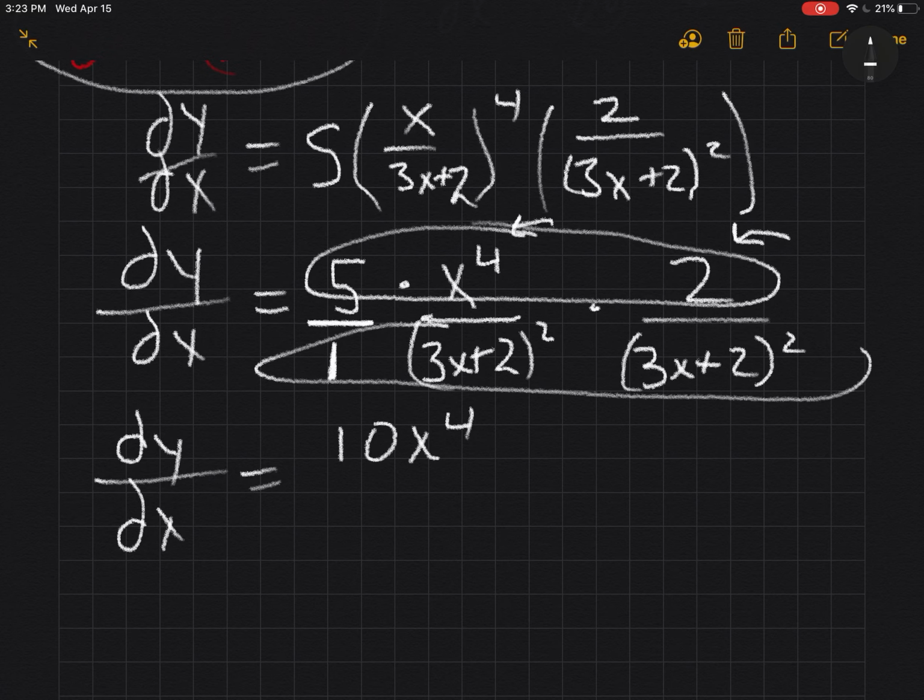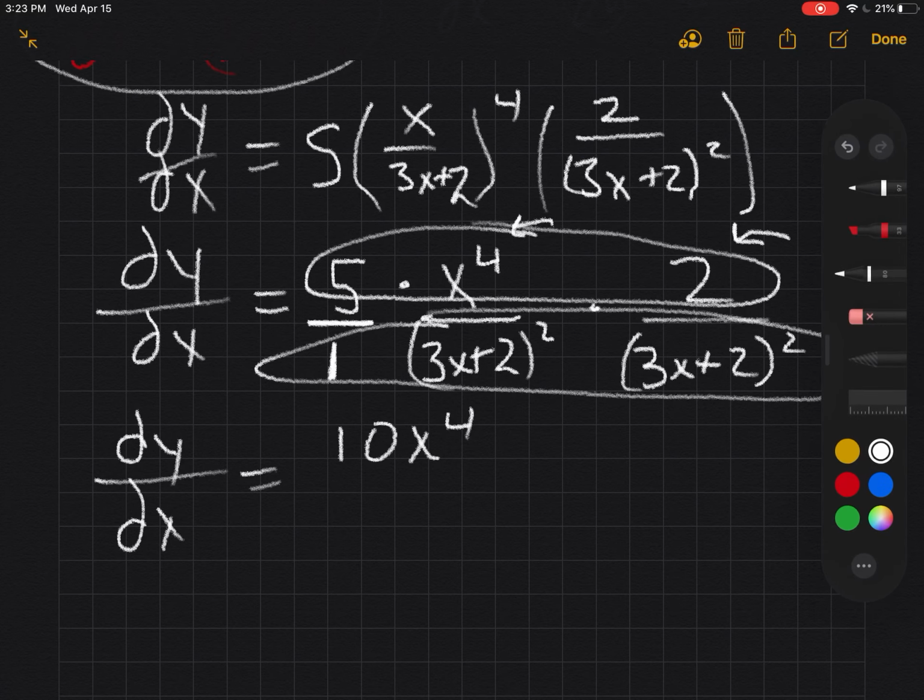And because I have all these fractions I'm multiplying, I'm going to look at 5 as a fraction too, 5 over 1. When I'm multiplying fractions, I multiply numerators and denominators straight across. So that means I take this product here to get 10x to the 4th, and then this product here.